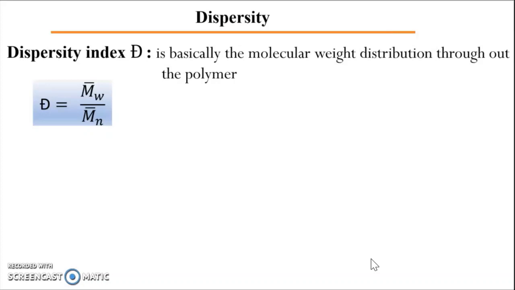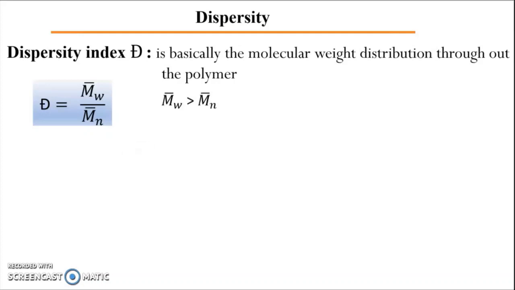Sometimes we'll find it called the polydispersity index, presented as PDI, but the new naming is dispersity, D. So D is equal to Mw over Mn.